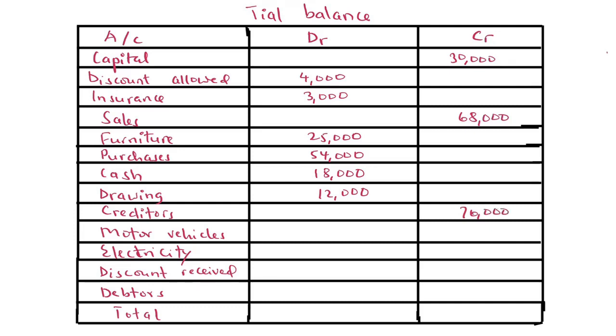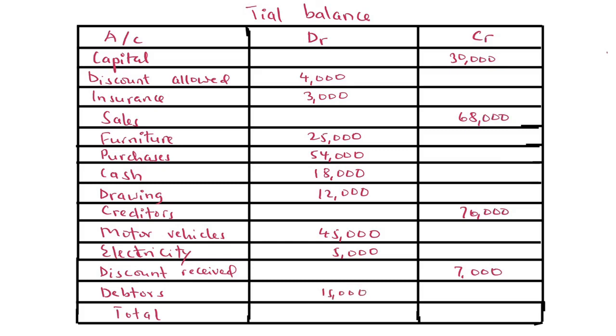Next is the motor vehicle account with a debit balance of 45,000. Next is the electricity account with debit balance of 5,000. Next one is the discount received with a credit balance of 7,000. And the last one is the debtors with a debit balance of 15,000.